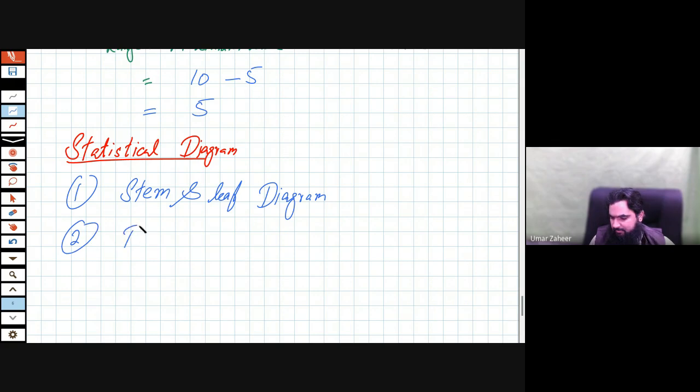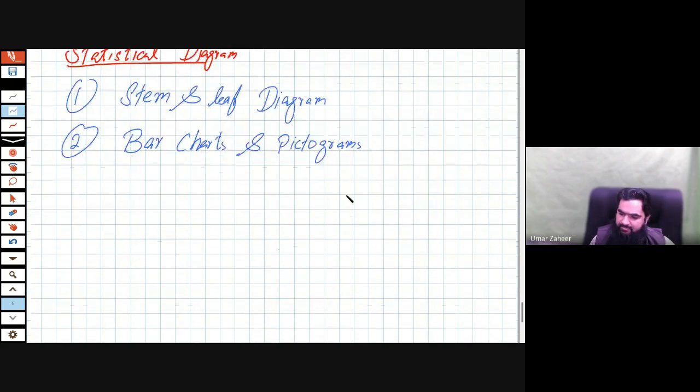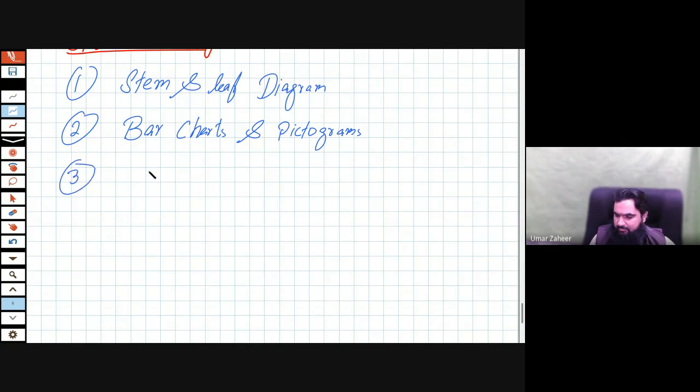Second, we go for bar charts and pictograms. Third, we will do pie charts. The fourth one, we will do the histogram, the most important one.